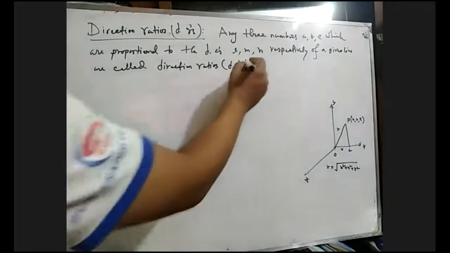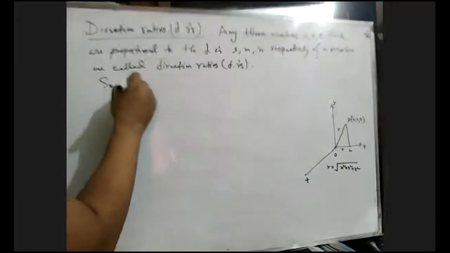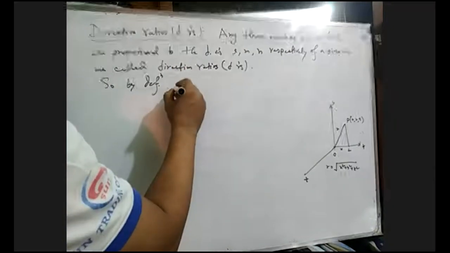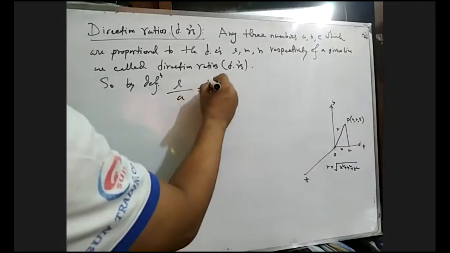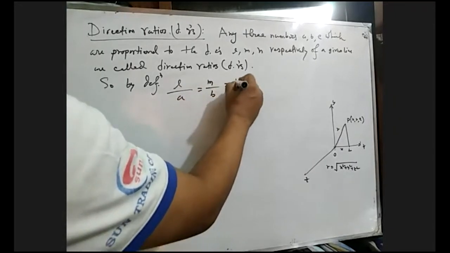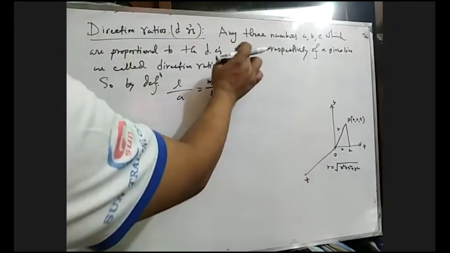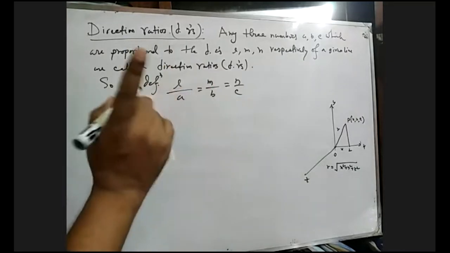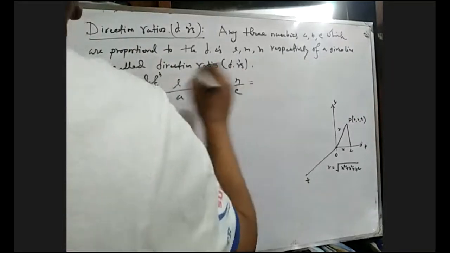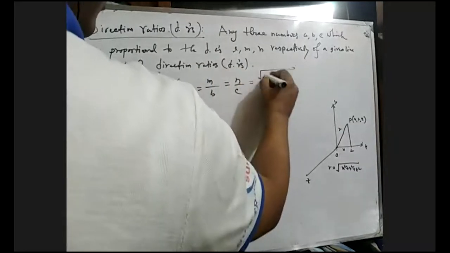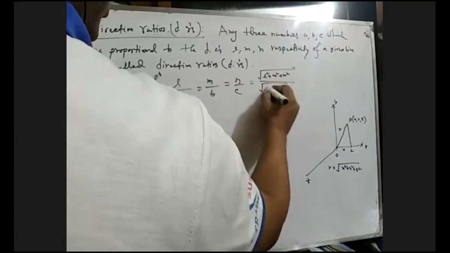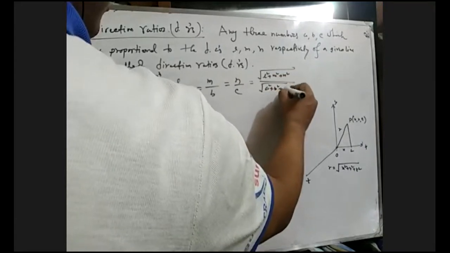So by definition, we can write ratios: L divided by A, M divided by B, N divided by C. That means A, B, C is proportional to direction cosines L, M, N. Proportional means ratio, remember it. From the properties of ratios, we can write root over L square plus M square plus N square divided by root over A square plus B square plus C square.